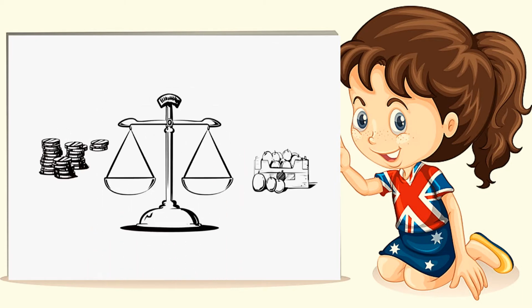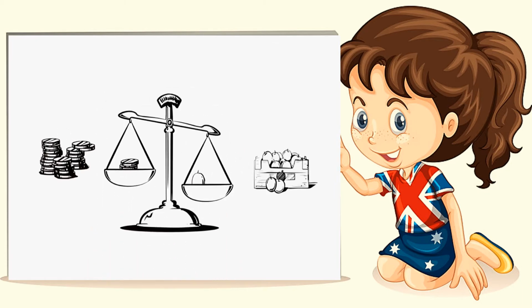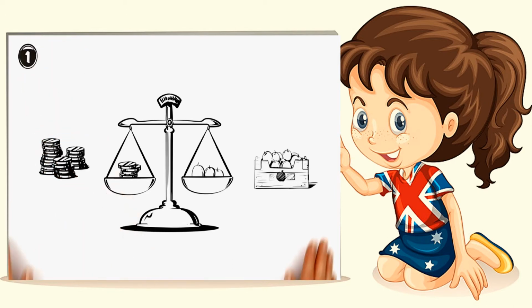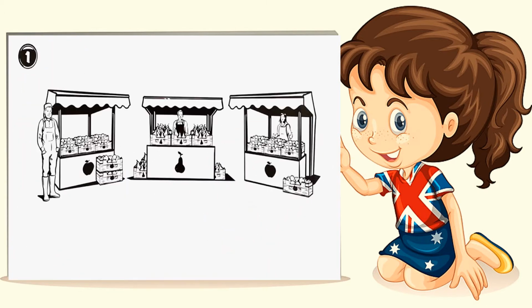In practice, it often takes several phases of price adjustment after a product is launched before the equilibrium price comes close to being achieved. Let's start with phase 1. Farmer Davis sells his apples for €5 per kilo, which is higher than the prices being requested by other sellers.